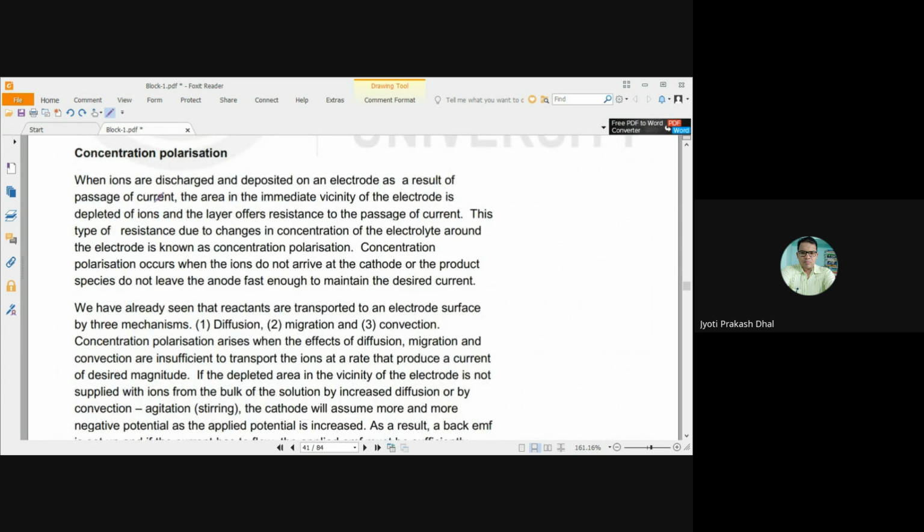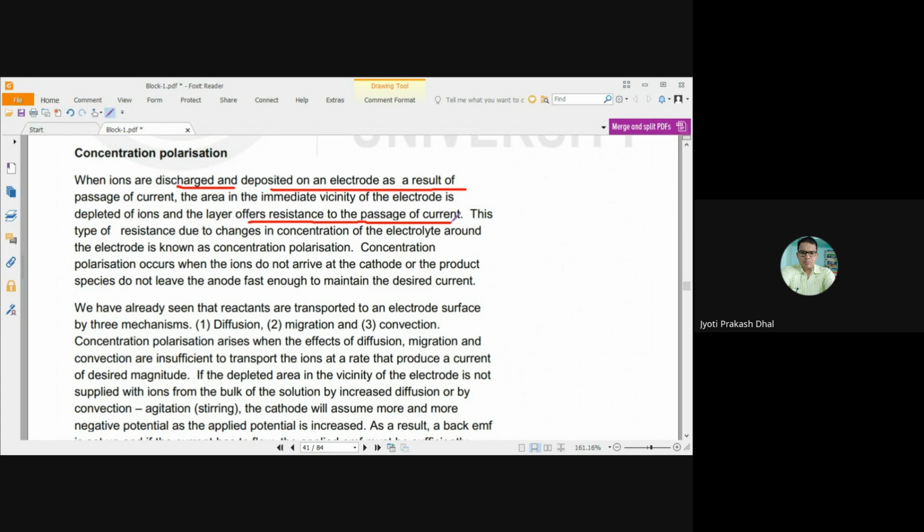When the ions are discharged and deposited on the electrode as a result of the passage of current, as we discussed in electrolysis, the area in the immediate vicinity of the electrode is depleted of the ions, and the layers offer resistance to the passage of the current.